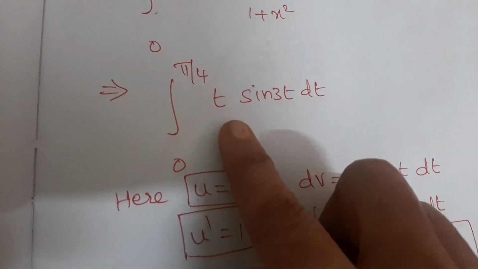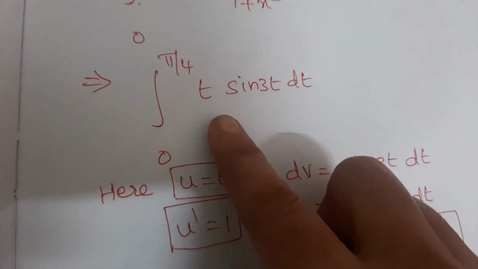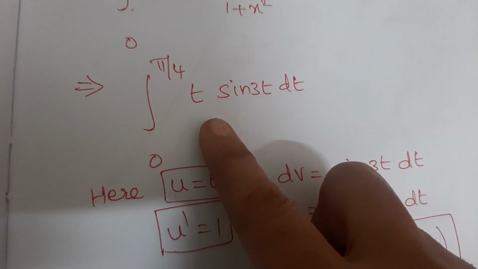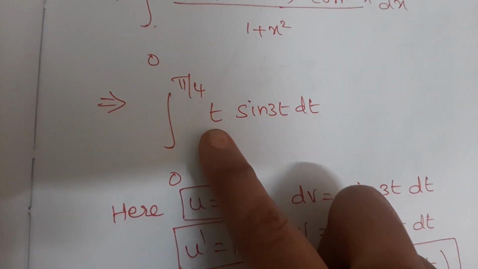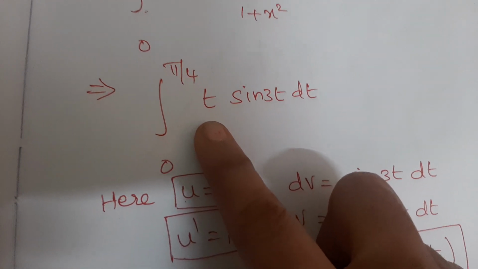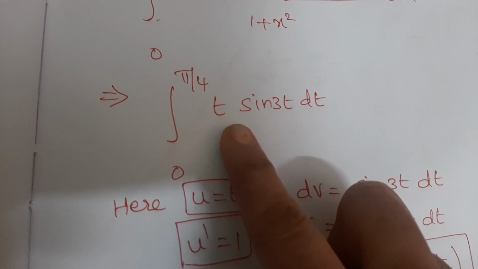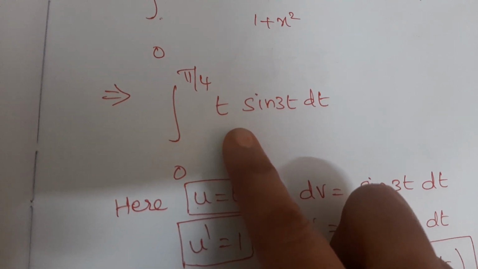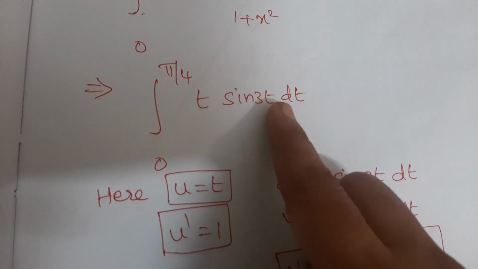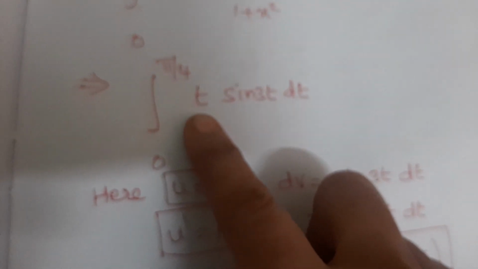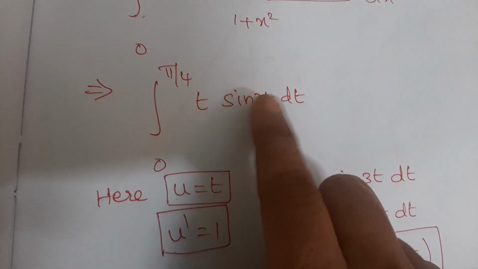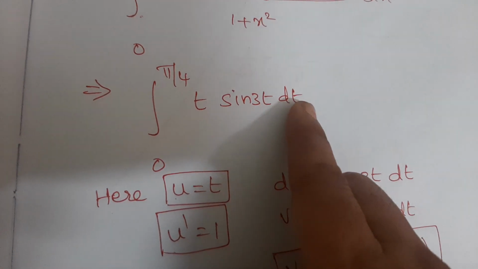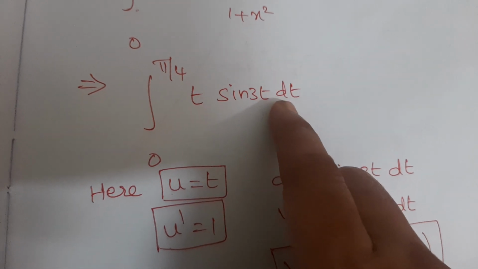Now I told you already, this is integration by parts, and I want to use Bernoulli's formula. In ILATE, first inverse function, logarithmic function, algebraic function, then only trigonometric function. So the algebraic function must be taken as u, and sine 3t dt should be taken as dv.